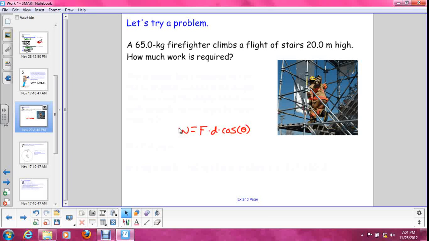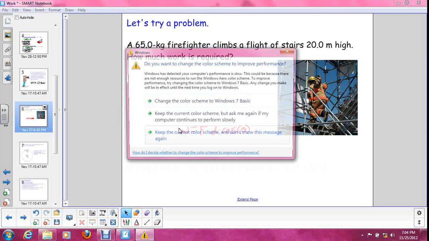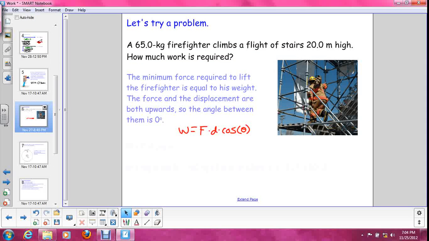So first of all, what is the force applied here? When this firefighter is climbing a flight of stairs, what force must he exert? Well, in order to get up the stairs, he has to at least push as much as gravity is pulling down on him. So the minimum force required to lift him is equal to his weight.